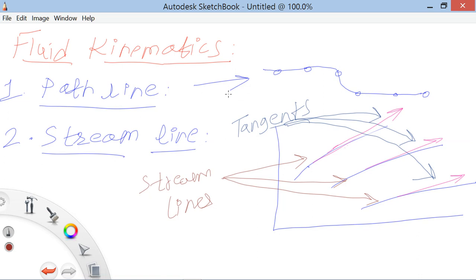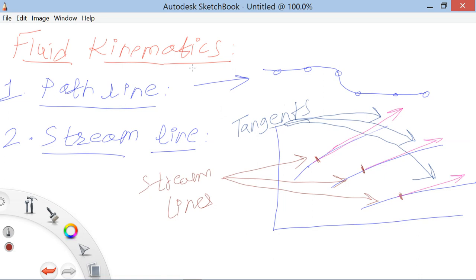That is, it shows the velocity at that particular point, or the velocity vector for that particular point. Now you are drawing this tangent at this point, so this will show the velocity vector at this point. The point at which you are drawing the tangent, that velocity vector will be shown at that particular point. These blue lines are nothing but the streamlines and pink lines are nothing but the tangents.